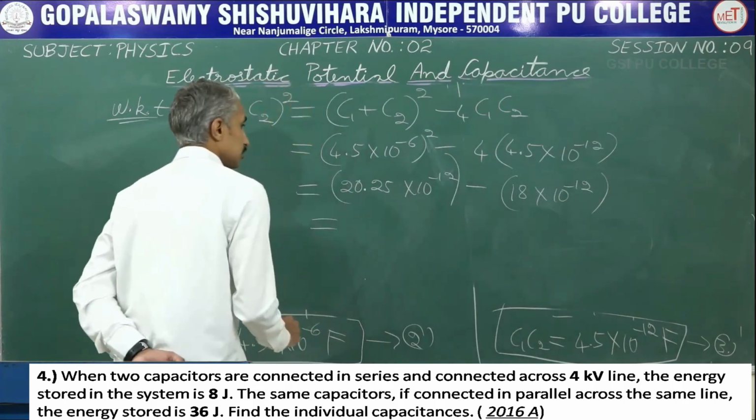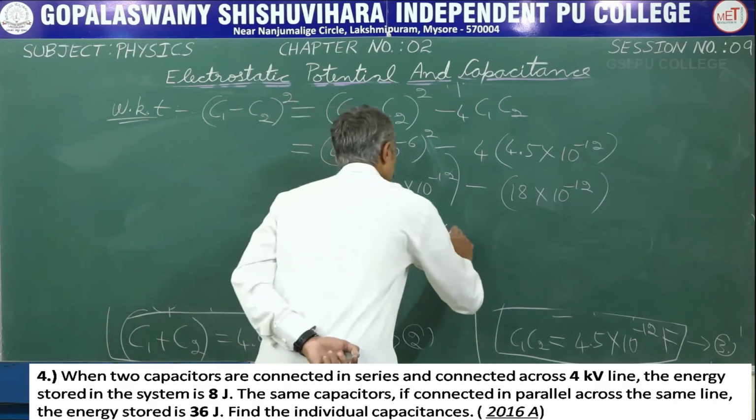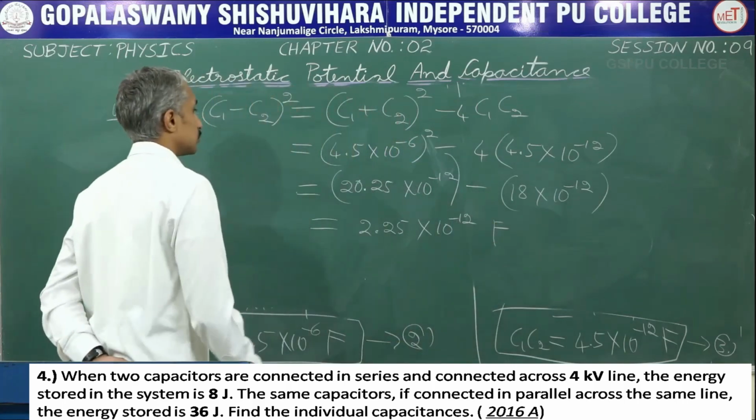So on simplification we will get this as 2.25 into 10 to the power of minus 12 farad square.